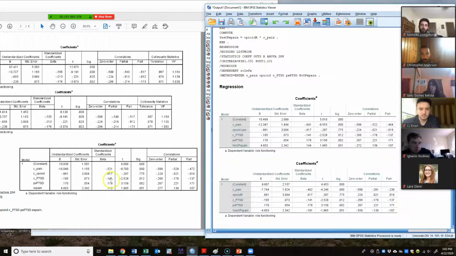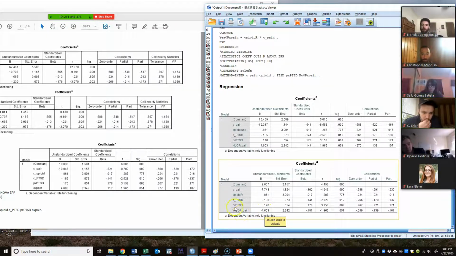And so if this is our original model we ran, does it look like we did a good job in terms of setting up our stuff here? Yep. You'll notice we get a negative on this interaction term for yes pain, but that's just a function of us switching that dummy around. The value across my models for PTSD and pain, 0.17, and 4.603, is all the same.